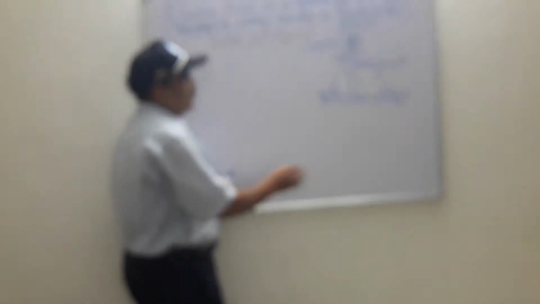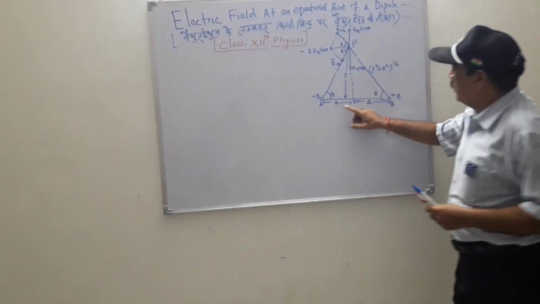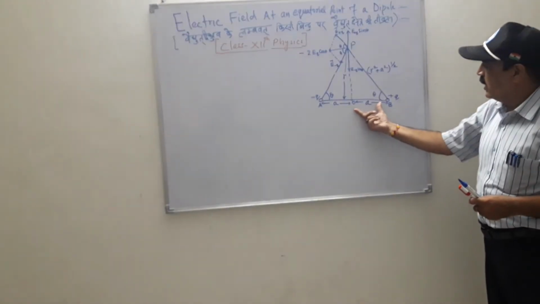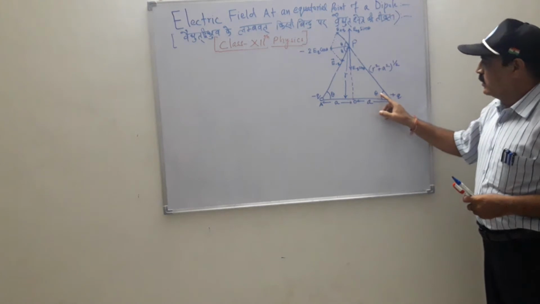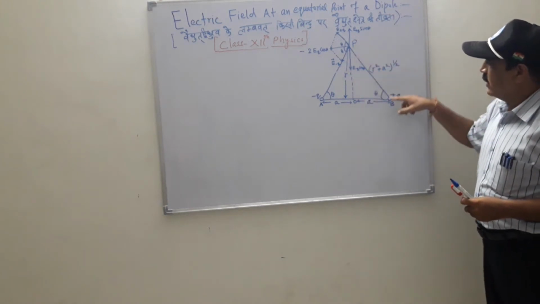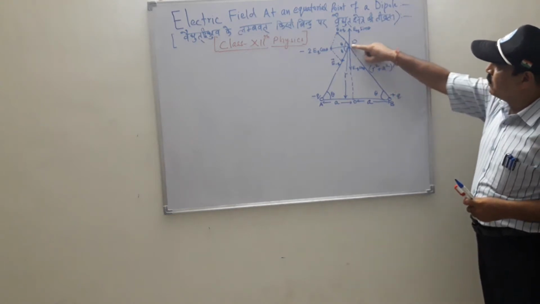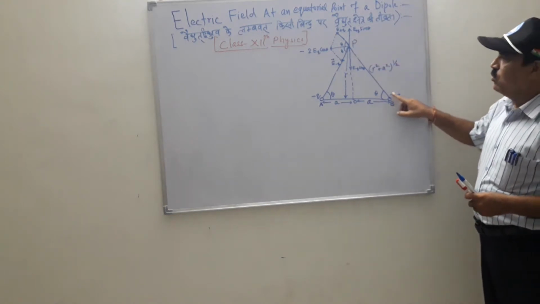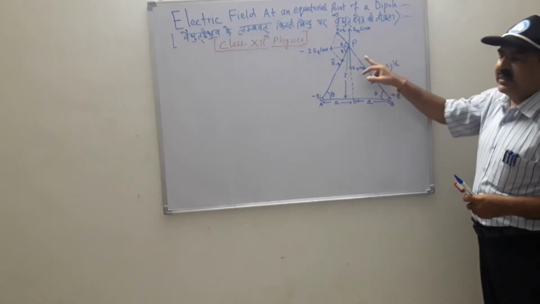Here, as per the diagram, this distance is r, this distance is a, and this angle is theta. Then this is a right angle triangle, and the distance of point P from charge positive Q will be the hypotenuse of this right angle triangle.